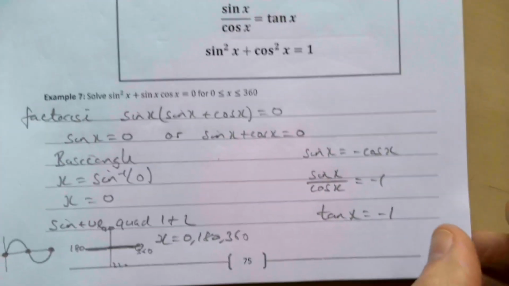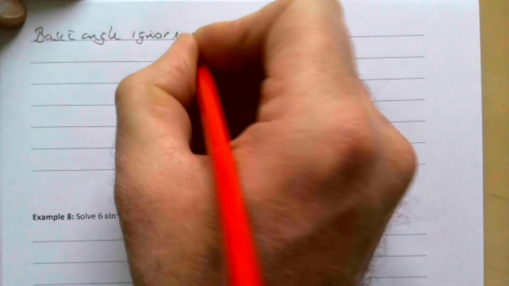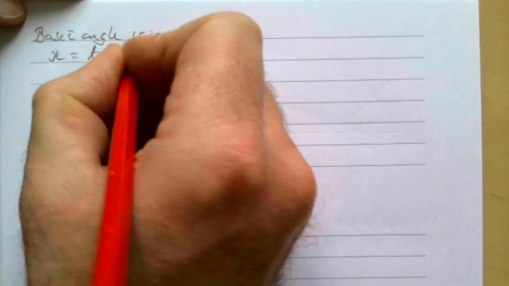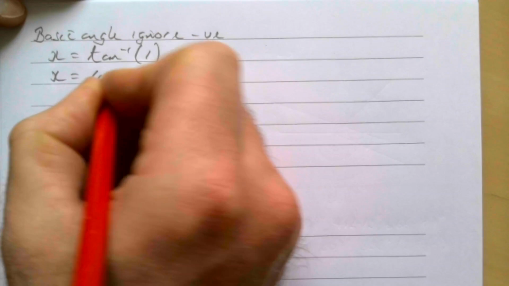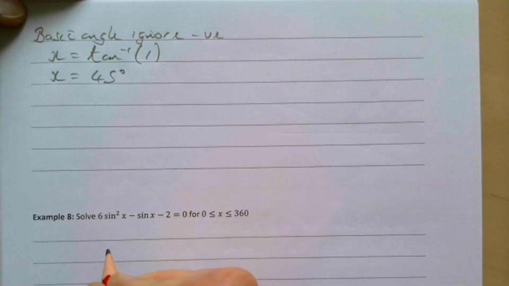We're going to go over to the other page and do our basic angle. We ignore our negative, so x is tan to the minus 1 of 1. X then is 45 degrees.